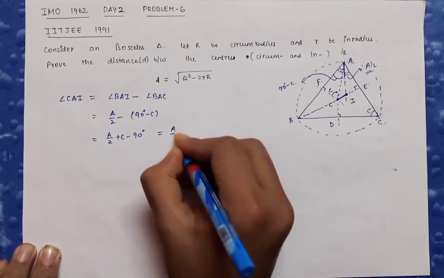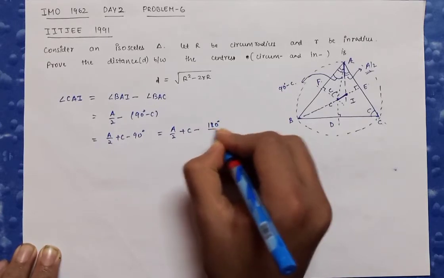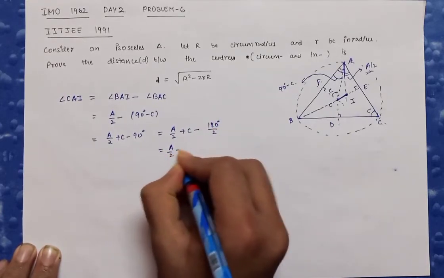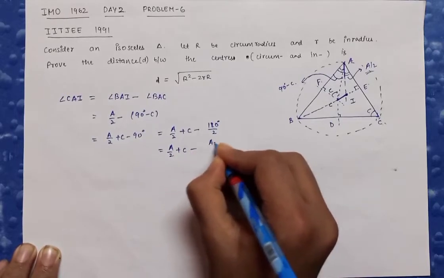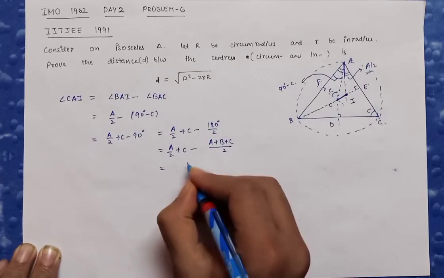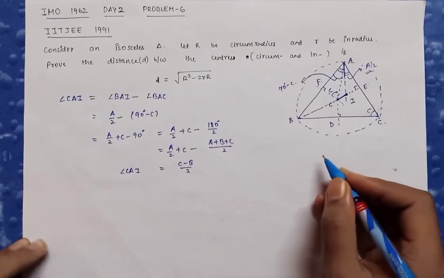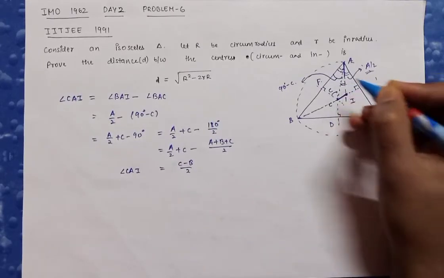One more thing, 90 degrees is nothing but 180 degrees by 2. So I can rewrite it as A by 2 plus C minus (A plus B plus C) by 2. Now this is equal to (C minus B) by 2. So angle CAI is nothing but (C minus B) by 2, this angle.